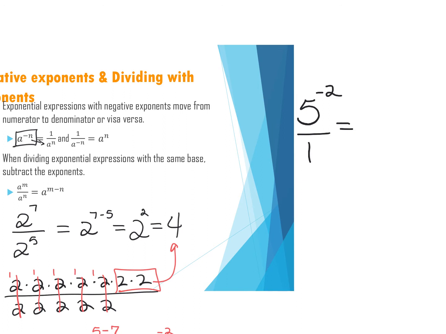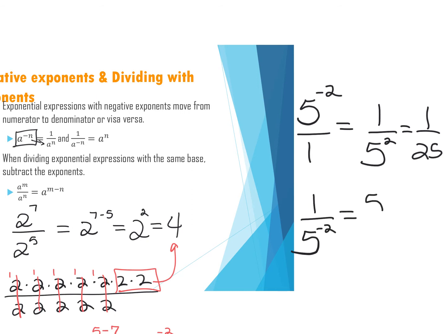So then to evaluate this negative exponent, think reciprocal, flip it, and now we can evaluate it, and it's 1 over 25. If it's negative in the bottom already, again, just flip it, and now we would get 25 over 1, or 25.